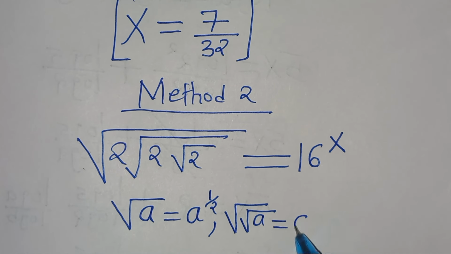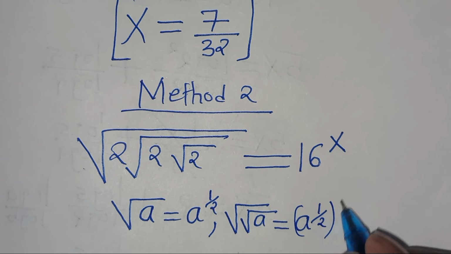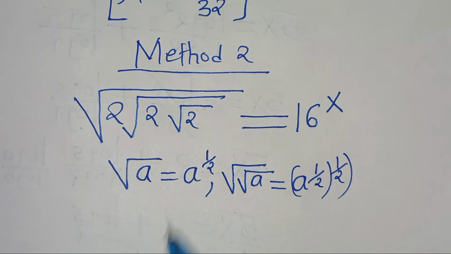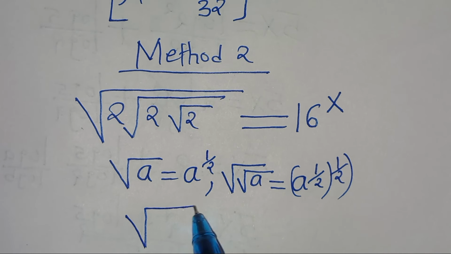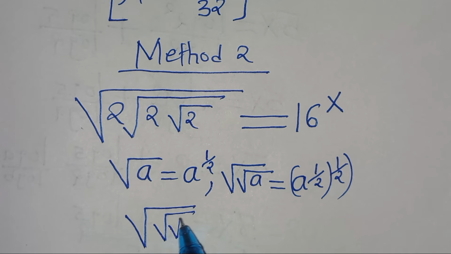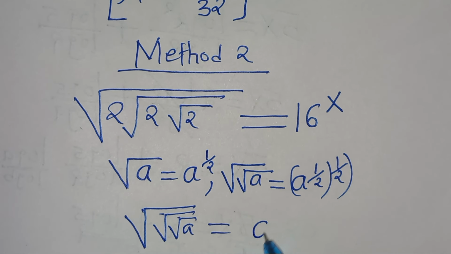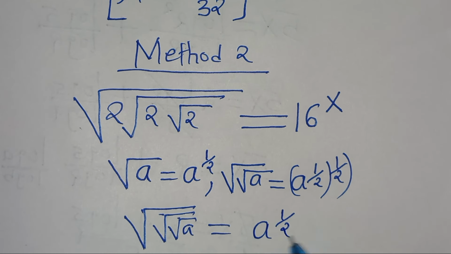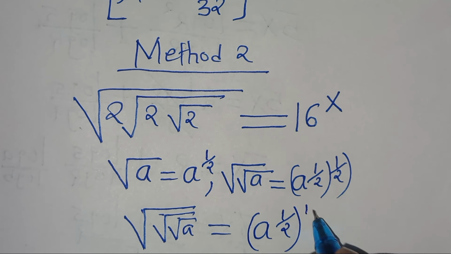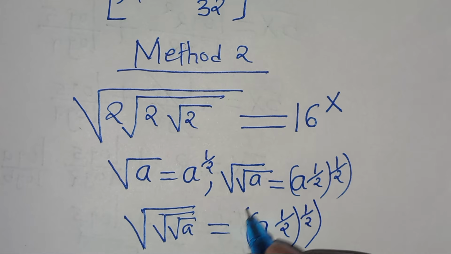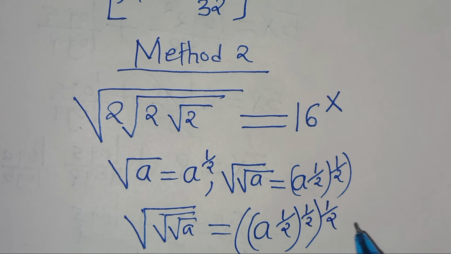This means we have a to the power of a half raised to the power of a half. And again, that is the square root of a. We have three square root signs. Therefore, we have a to the power of a half raised to the power of a half, and lastly raised to the power of a half.